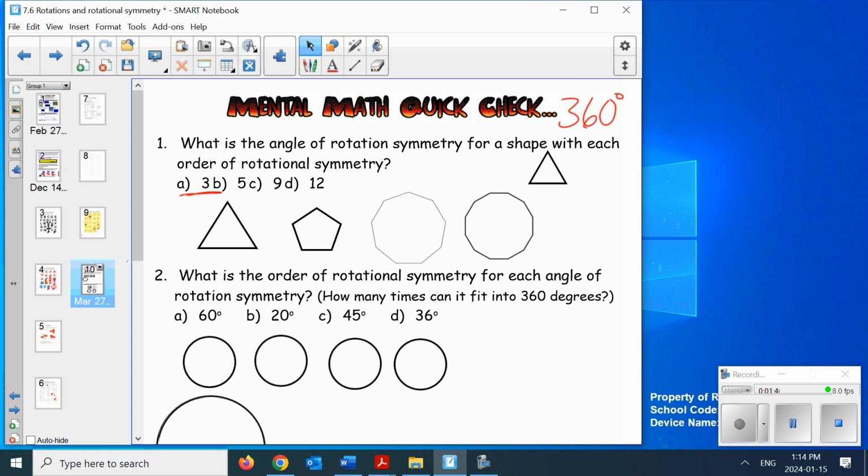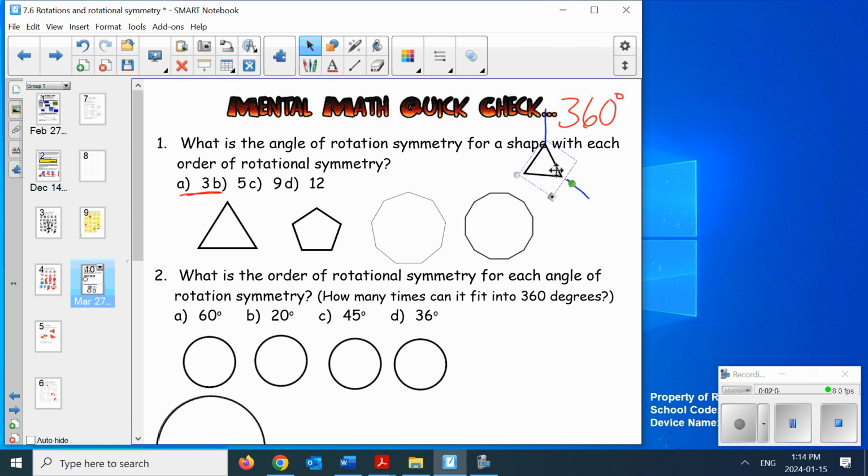Look at this here. If I grab this shape and I spin it until the other corner is at the top, you guys follow that? I have gone from here to here, right?